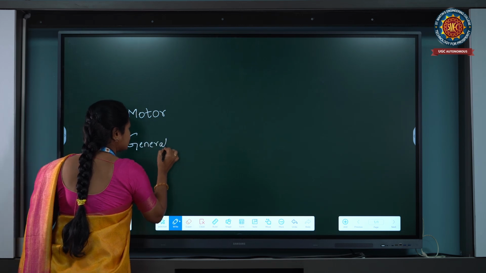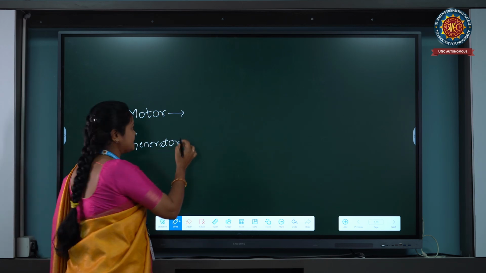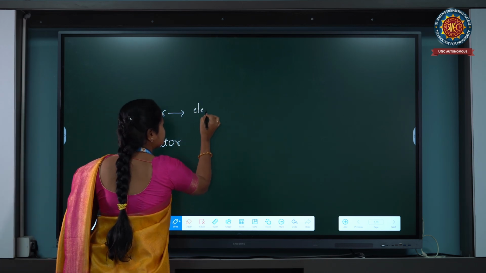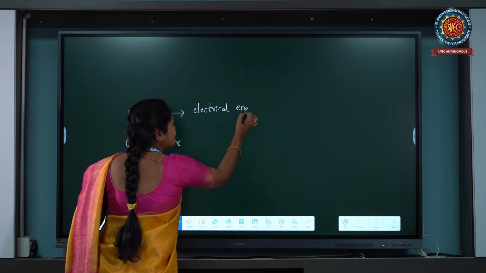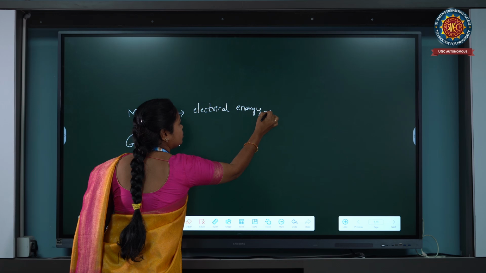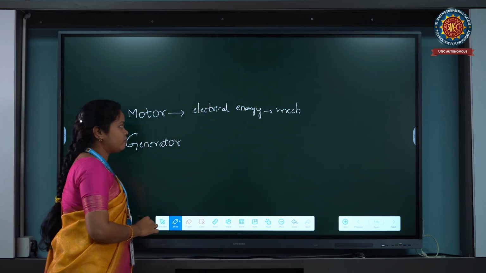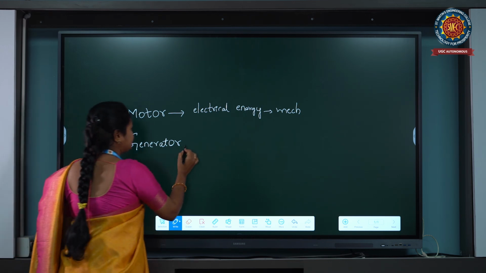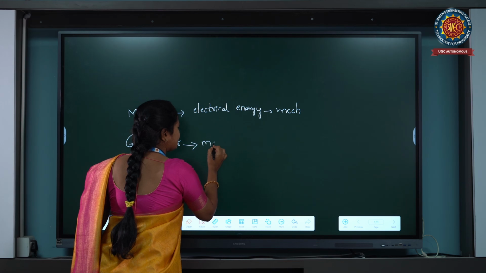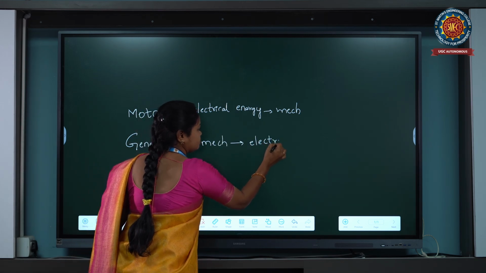In motors, the input we are giving is electrical energy, which is converted to mechanical energy. Electrical energy is converted to mechanical energy, that is a motor. And in a generator, mechanical energy is converted to electrical energy.